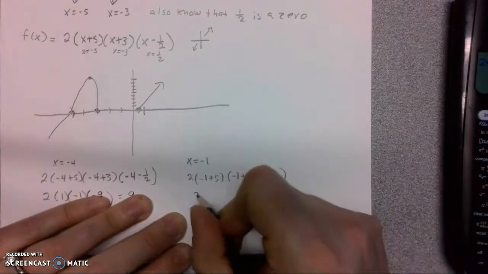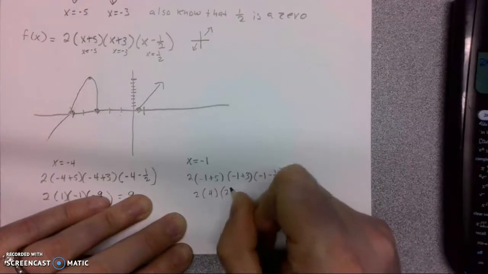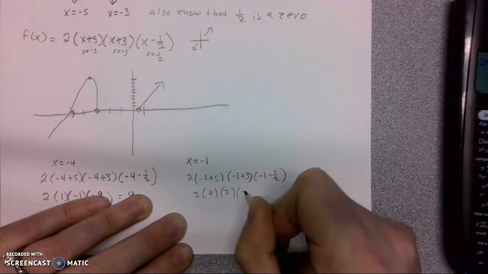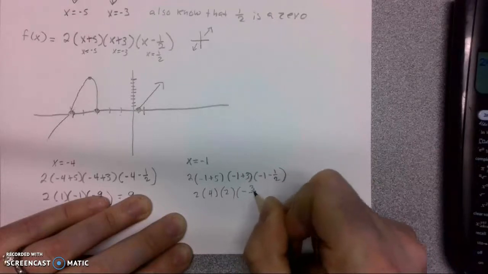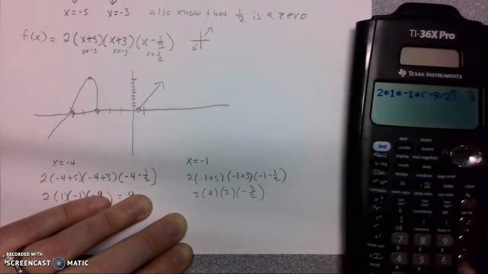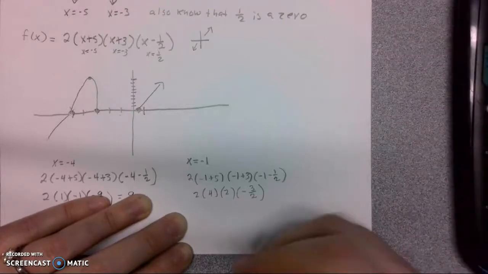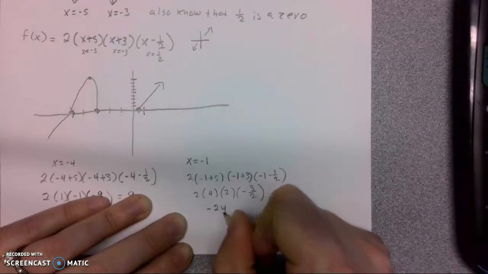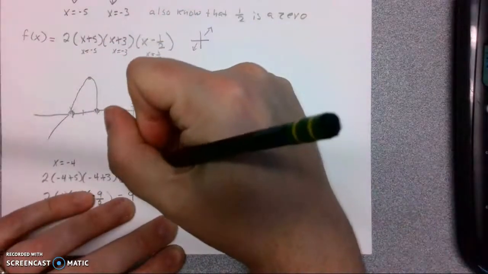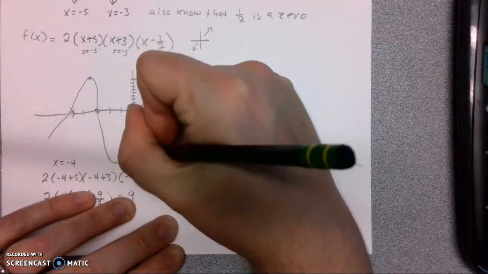So here I get 2 times 4 times 2 times -3 halves. So I'll put in the calculator. I get -24. So it's going to go very far down, off our picture down, and then come back.